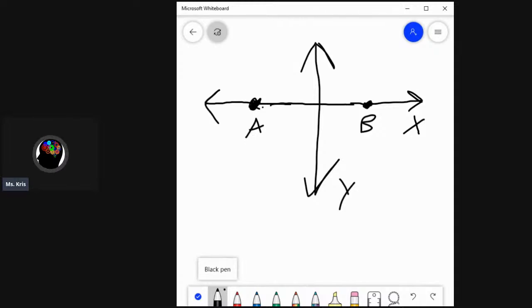So remember, lines are continuous and they go in two directions forever. They do not stop. They go from negative infinity to infinity. And of course, infinity has no true measurement, but it is considered a number.